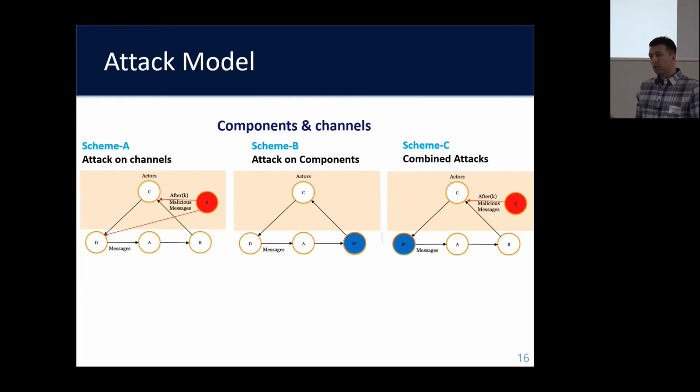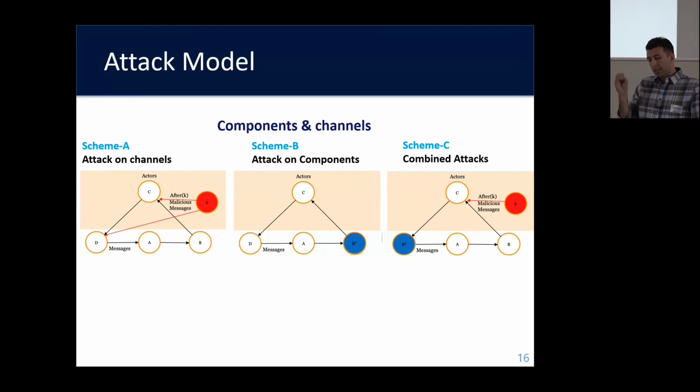We perform the security analysis by categorizing three types of attacks: attack on the component, attack on the channels, and a combination of these attacks. Attacks on the channels are developed by developing an actor as a component that injects different malicious messages between the components at different times.